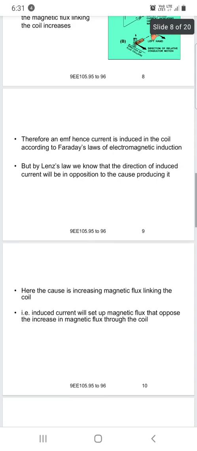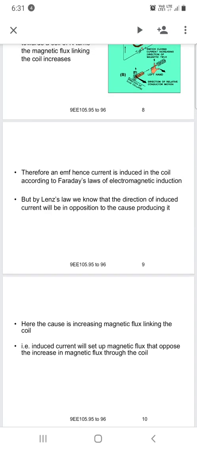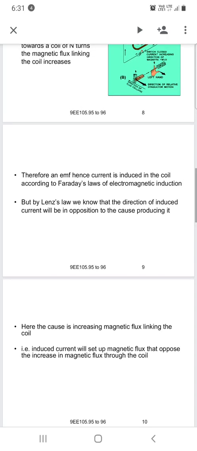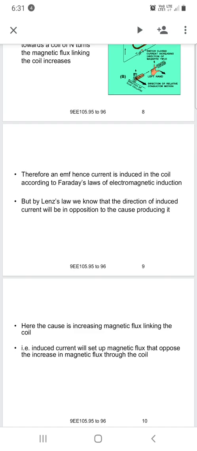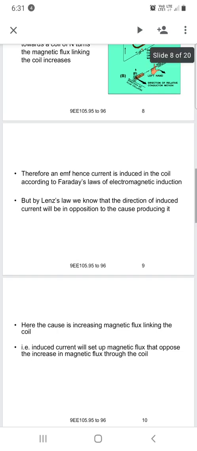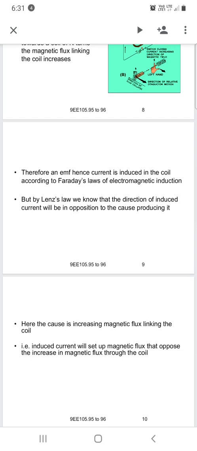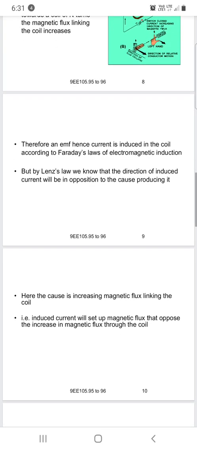What is Faraday's first law? Whenever a conductor is placed in a magnetic field, an induced EMF is produced in the conductor. Also, if the conductor carries an electric current, then an EMF is induced in the conductor.